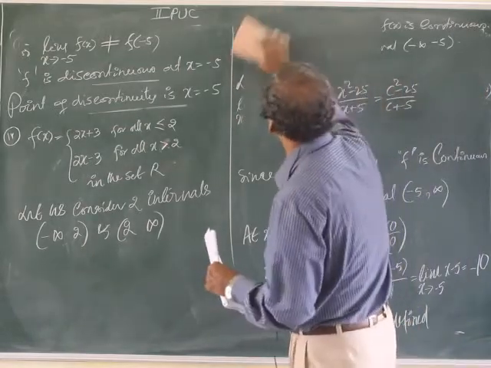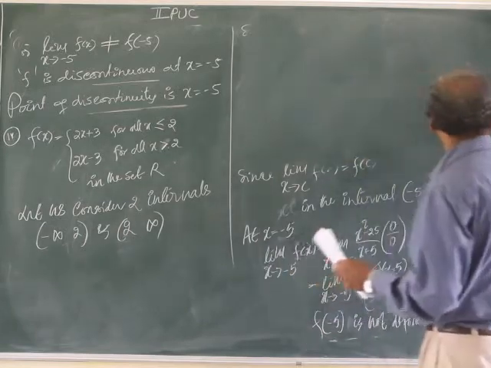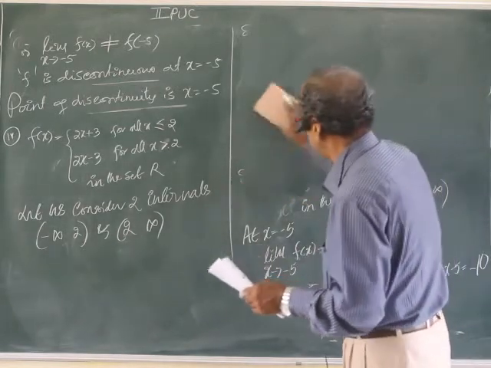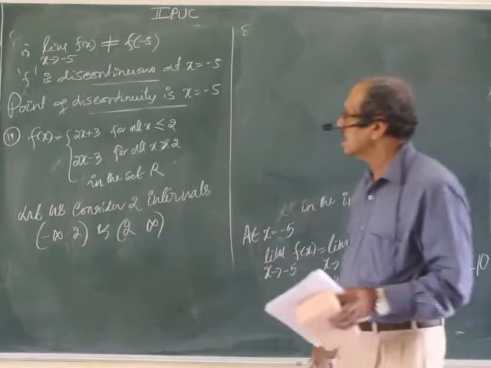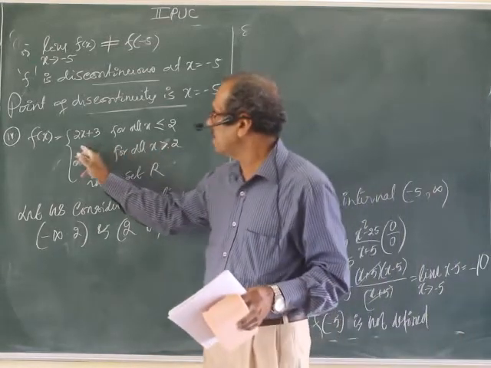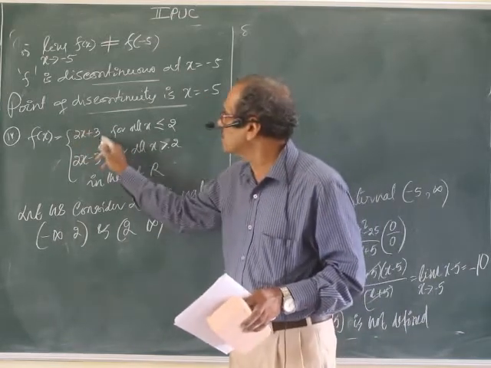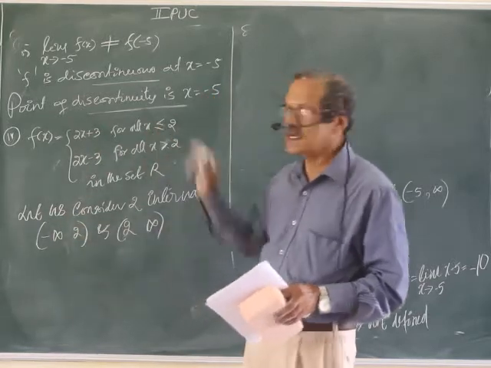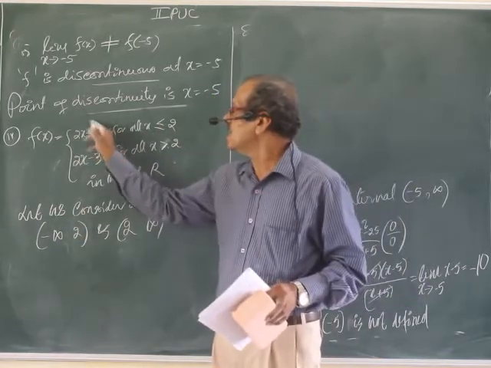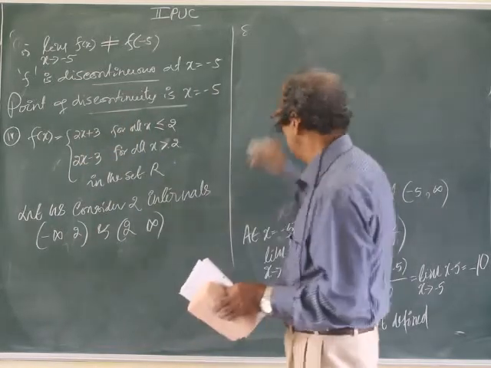In the first interval, shall I use the property of continuity of functions? 2x plus 3 for all x less than 2 in this particular interval. Linear equation, polynomial equation always continuous.